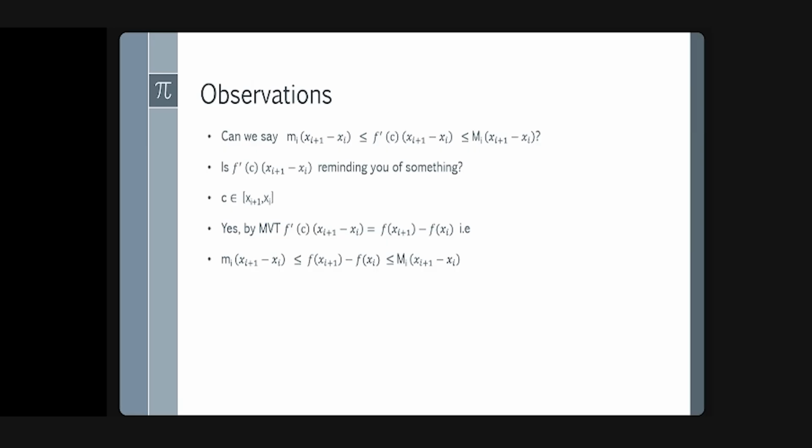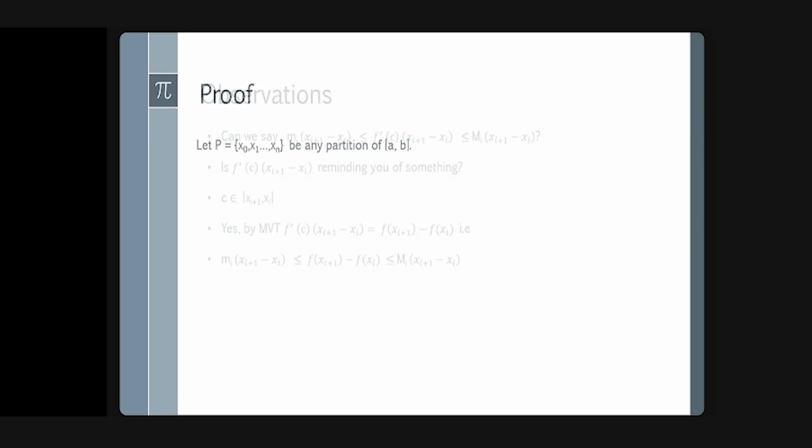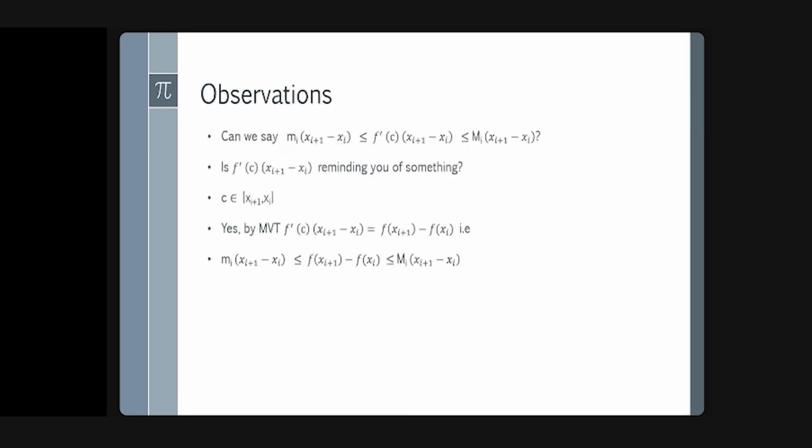It is called a telescopic sum, in which every term cancels out with the next term, which leaves us with the last two terms.